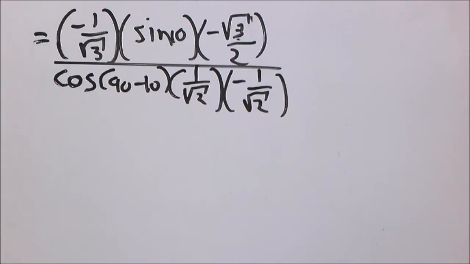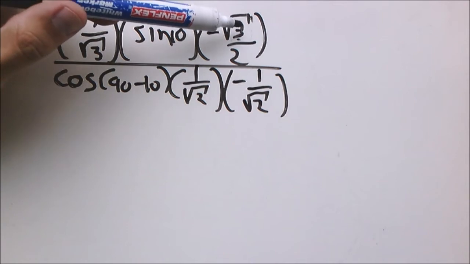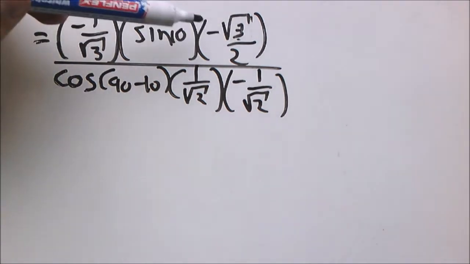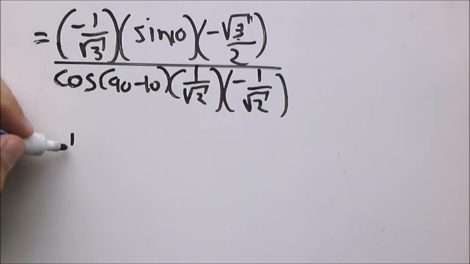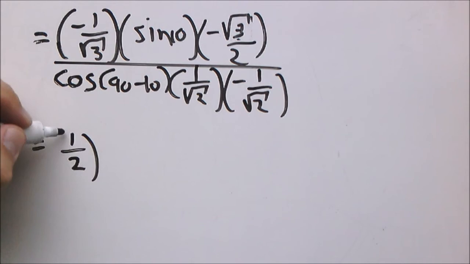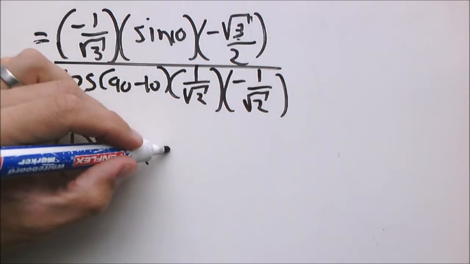Okay, let's continue with this one. You can immediately see that the square root of 3 and the square root of 3 will cancel out. The negative and the negative will become a positive, so we will be left with 1 over 2 times sine 10.